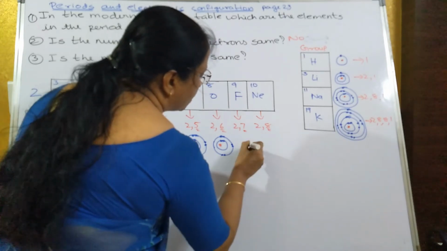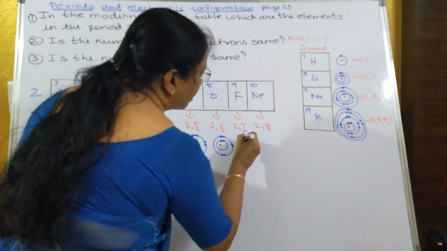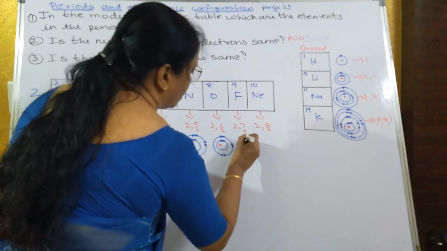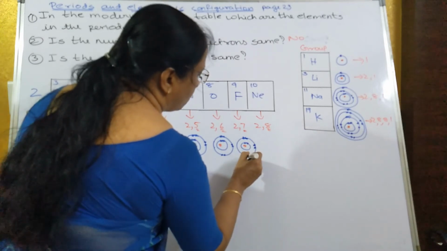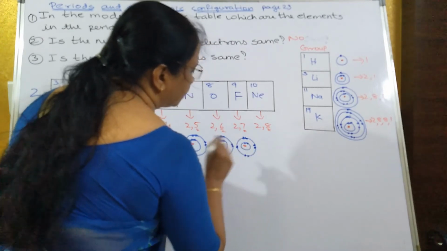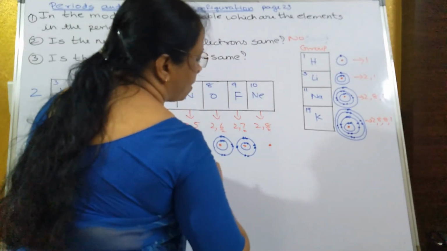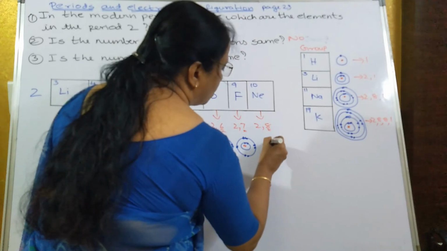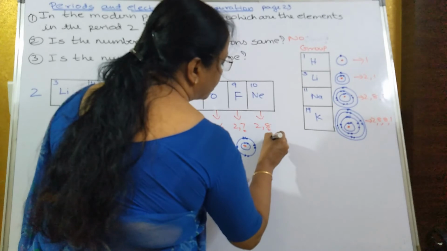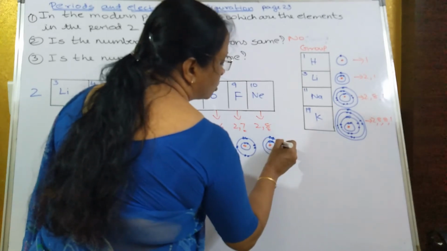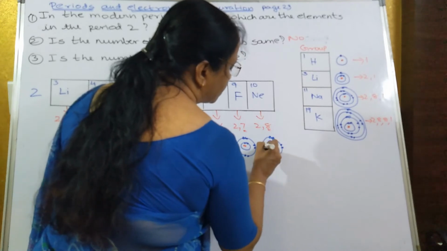So in the first shell 2 electrons are there, and in the next shell 7 electrons are there. 1, 2, 3, 4, 5, 6 and 7. Next one, neon. 2 shells are there, 2 electrons in the first shell, and in the next shell 8 electrons are there, 1, 2, 3, 4, 5, 6, 7, 8.